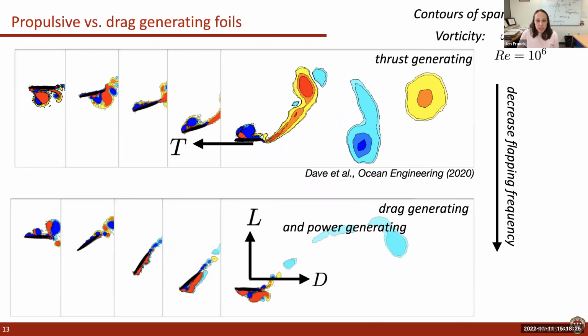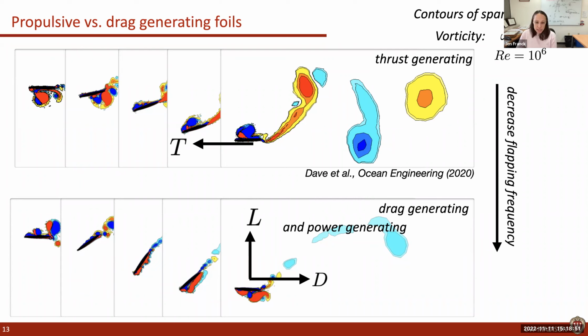So this is just a reminder of what regime we are looking at here. As you oscillate these foils, if you start flapping very quickly, you would generate thrust, and you will have a propulsor in the same way that fish or marine mammals propel themselves through the water. For these oscillating foils, though, they are not thrust generating, they are drag generating.